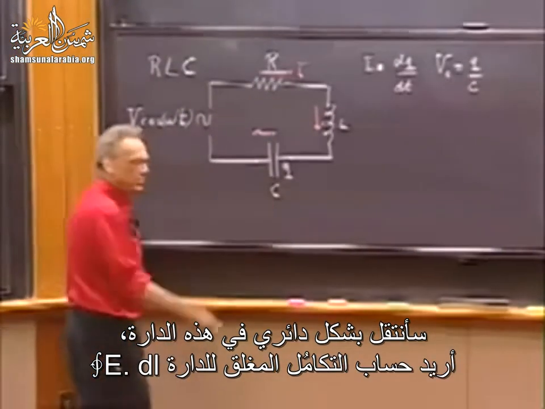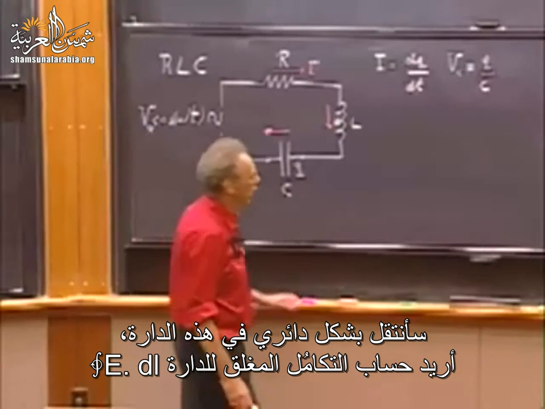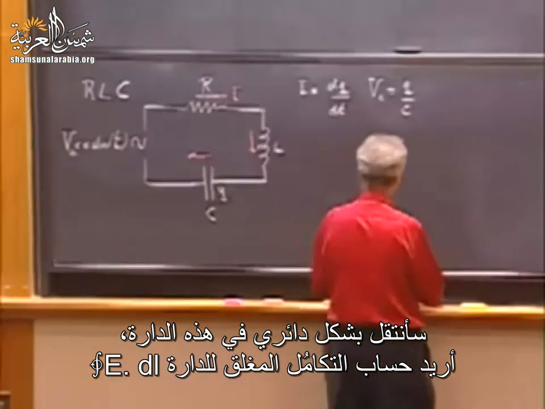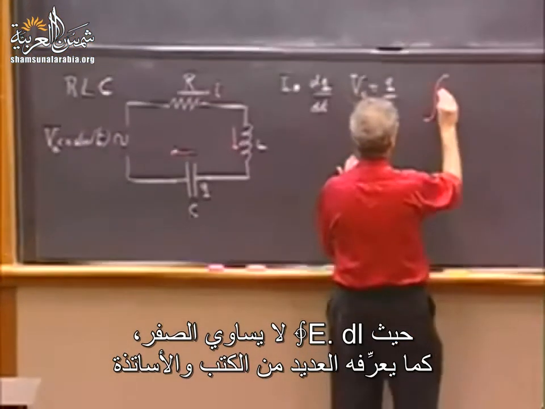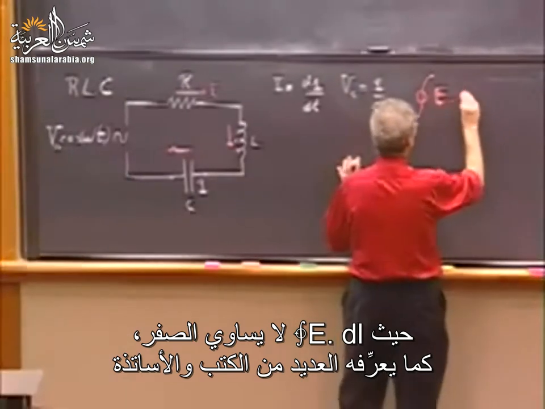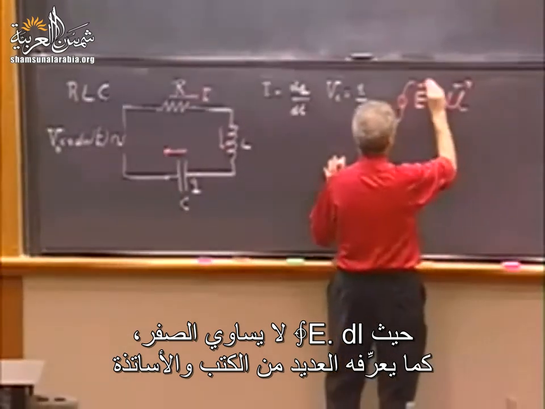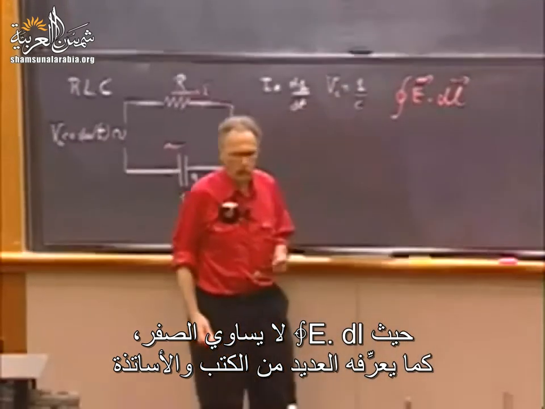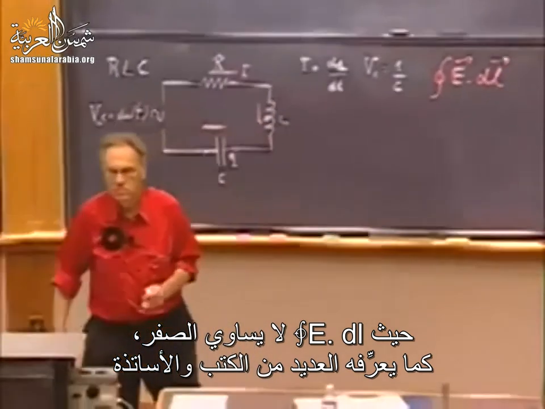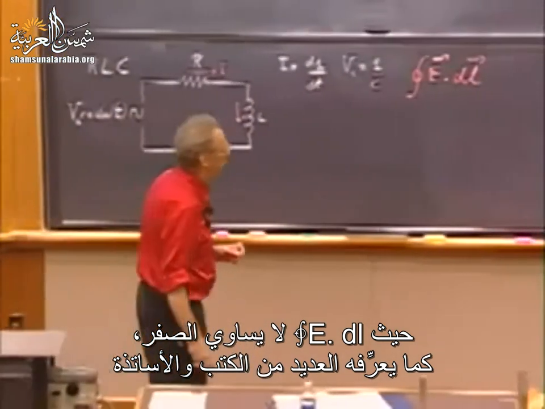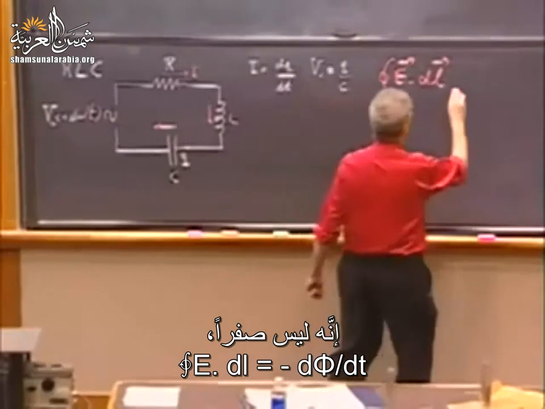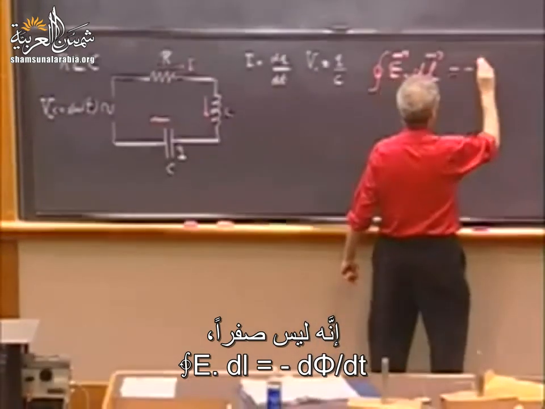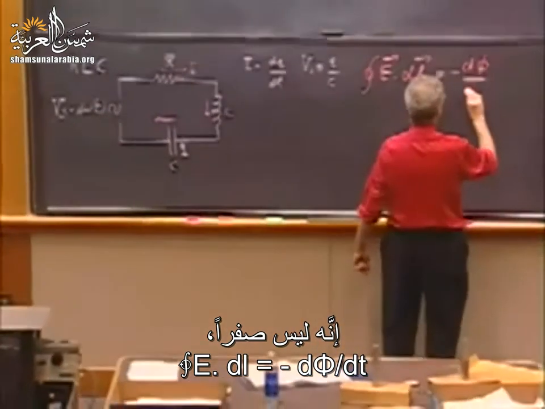I go around this circuit and I want to calculate the closed loop integral of E dot dl, and that closed loop integral of E dot dl is not zero, which many books tell you, even many professors tell you. It is not zero, but it is minus d phi/dt.